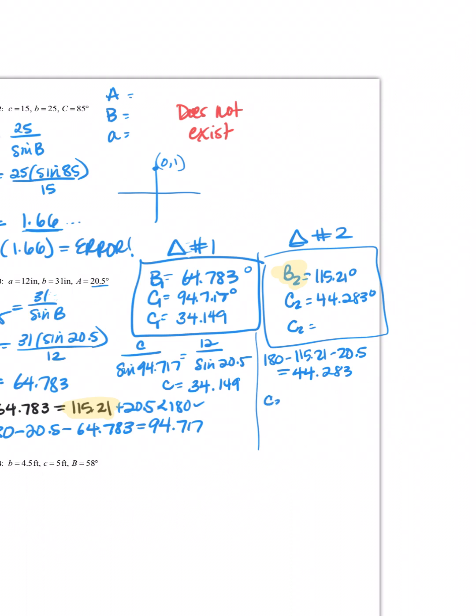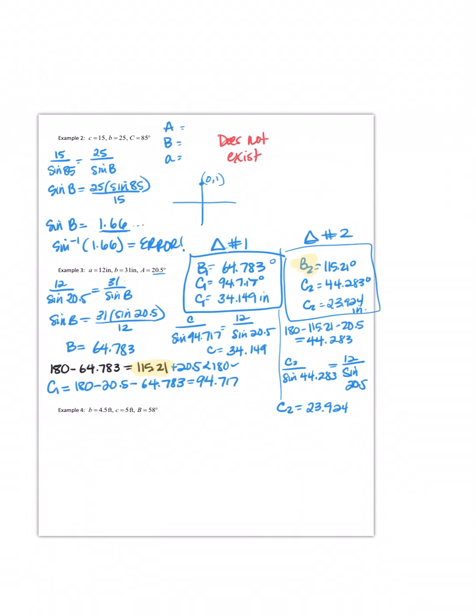Now to find little c2, again, start with your given values, 20.5. When I run it, I cross multiply and solve it. I find out that this comes out to 23.924. And this is inches. I should put units on there. Okay, so that's how you do it when it's two triangles.